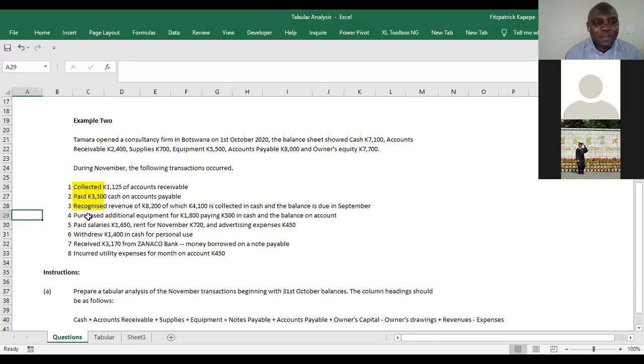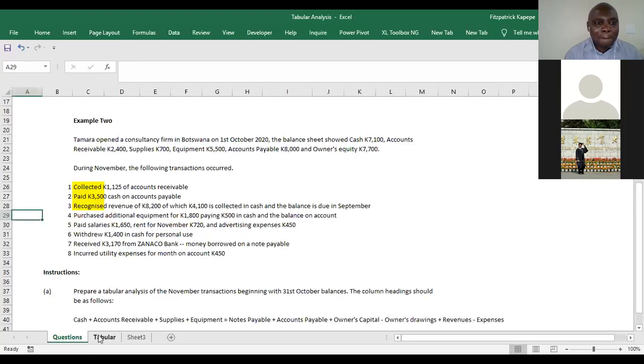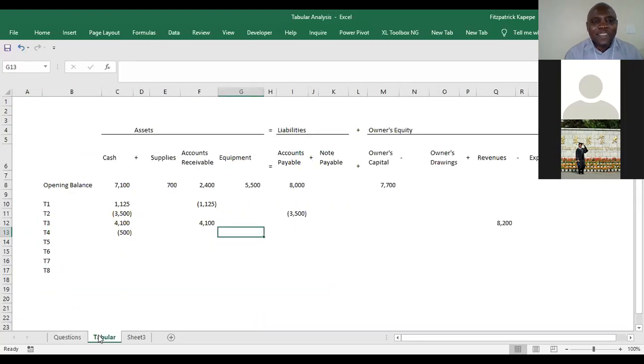They paid 500, so 1,300 is the balance. The 500 was paid, but the equipment increased by what? Is it 1,800? Yes. By 1,800.